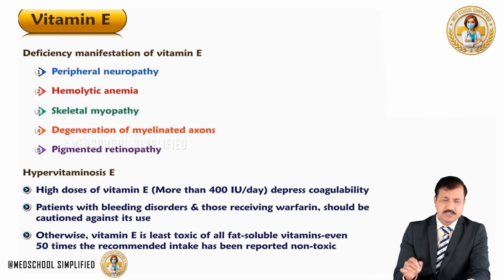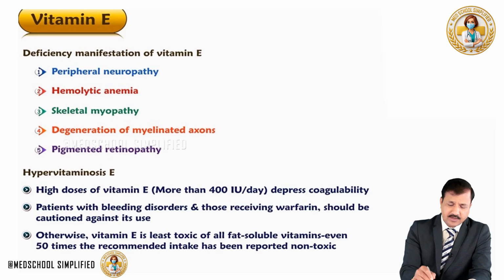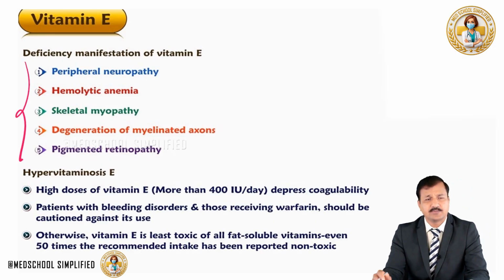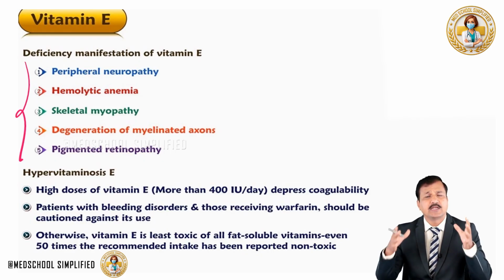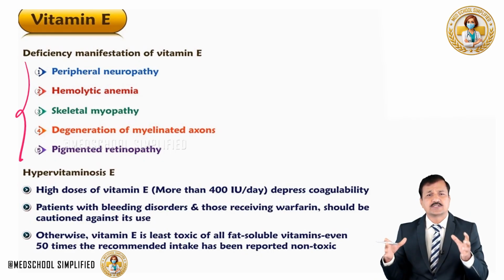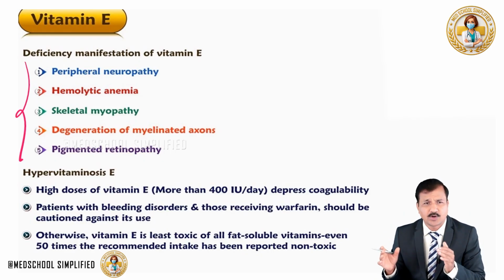All the deficiency manifestations of vitamin E, for that matter, you can connect to a single function of vitamin E, and that is the antioxidant role of vitamin E present over the cell membrane. Because vitamin E is present over the cell membrane, it acts as a first line of defense against membrane lipid peroxidation.